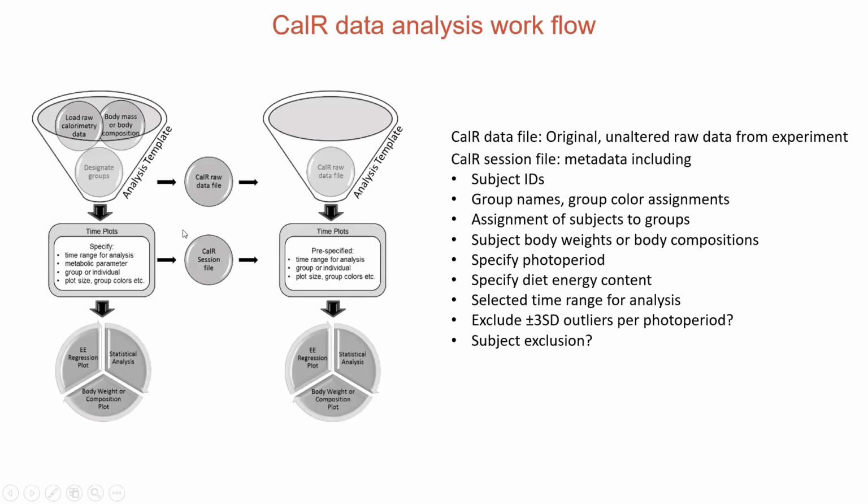The session file contains all of this information, so you can immediately reproduce your earlier session and keep exploring your data. And this is one of the things that makes CalR really useful, because it's not like the first time you look at your data, you instantly know what it means. We come back to these experiments time and time again as we see more and more things as our hypotheses develop.